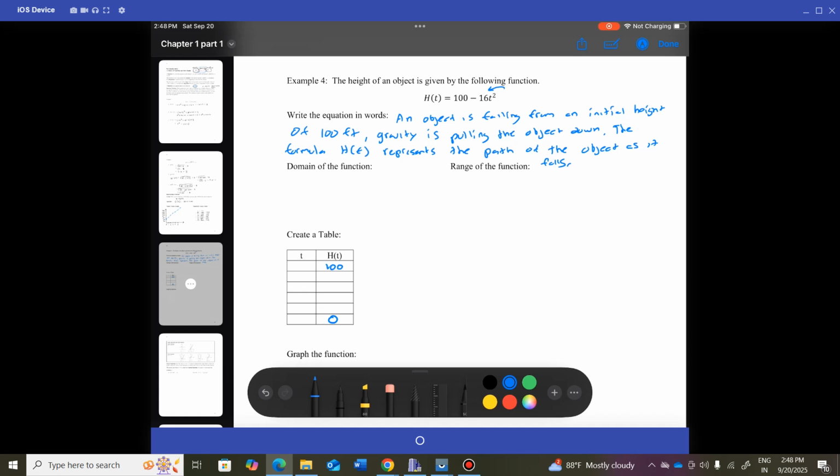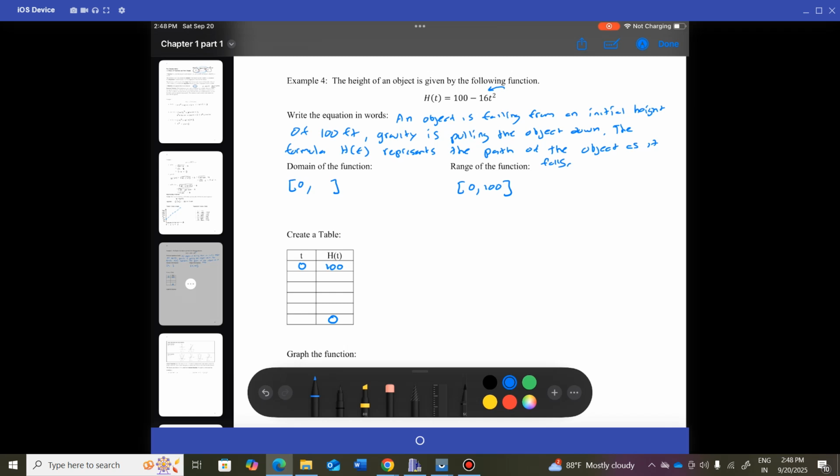The range of the height is going to go from 0 to 100. I know it starts at 100 and goes down to 0 in the situation, but we always write range from 0 to 100 in number order. And then the domain is the time, starting at 0 to the time that it hits, and so that's something we'll have to find out.